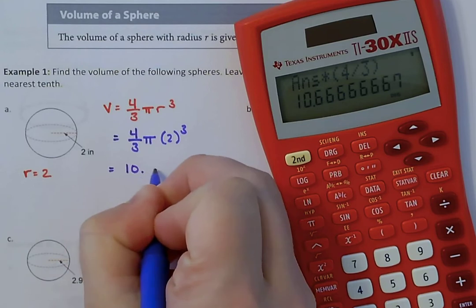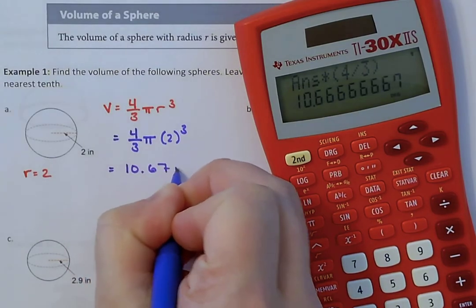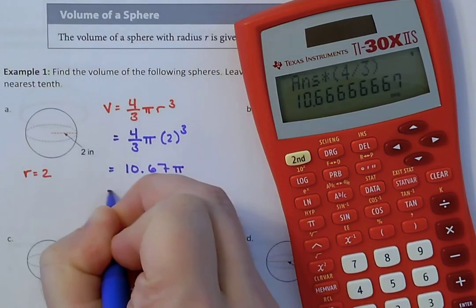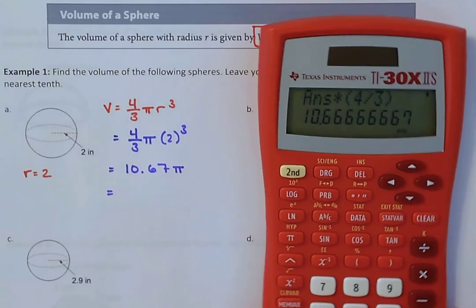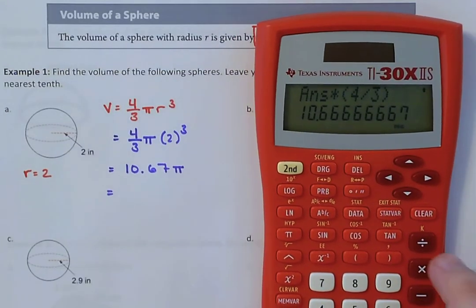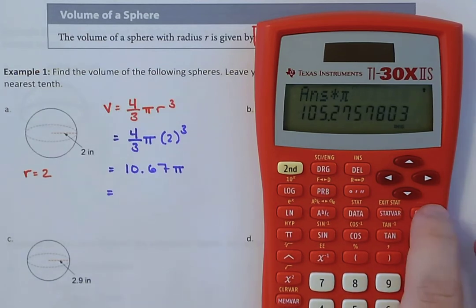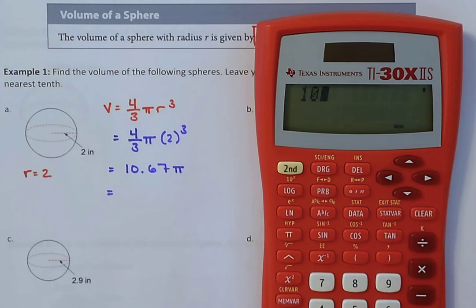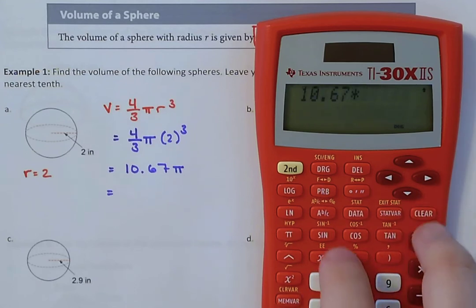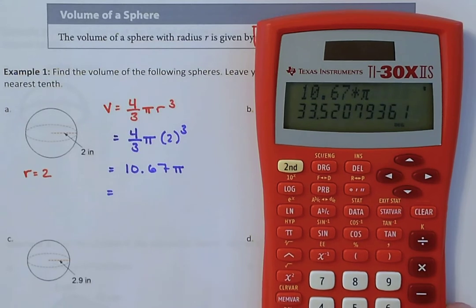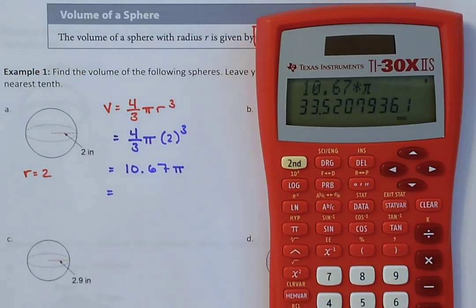So we have 10.67 pi. So that's our answer in terms of pi. And if we want to multiply pi in, so times that 3.14, we get 33.52.